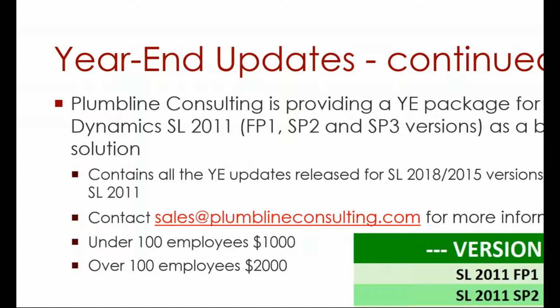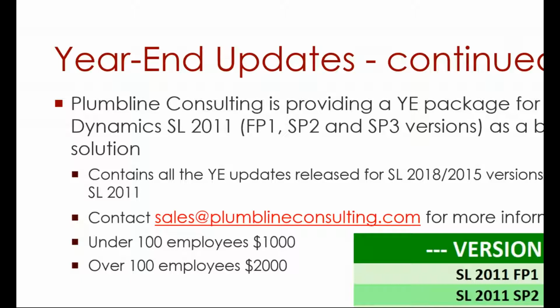Now, you may have noticed that the year-end updates provided by Microsoft are available for the SL 2015 and 2018 versions. If you still happen to be running on an SL 2011 version, Plumbline Consulting is offering a year-end package for the SL 2011 FP1, SP2, and SP3 versions as a billable solution.